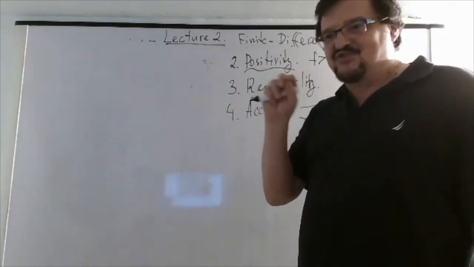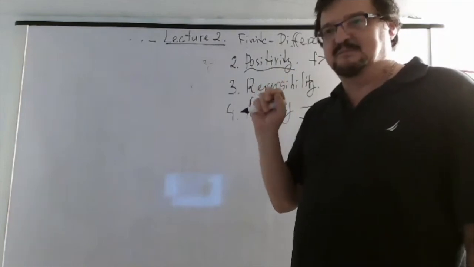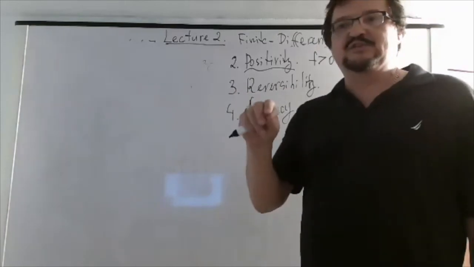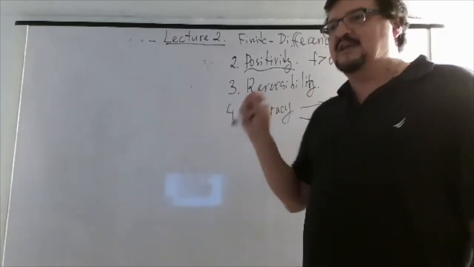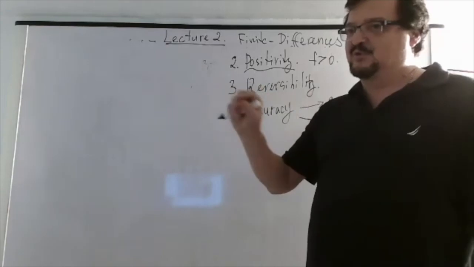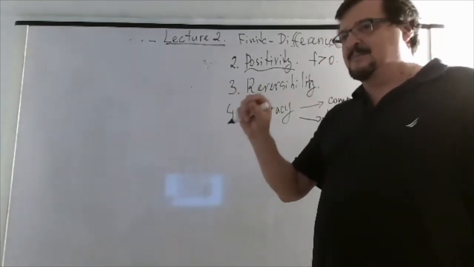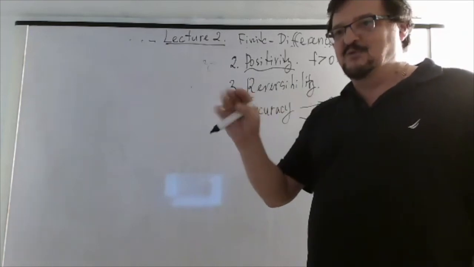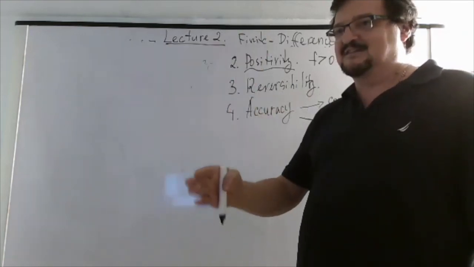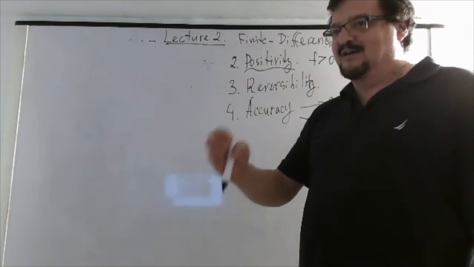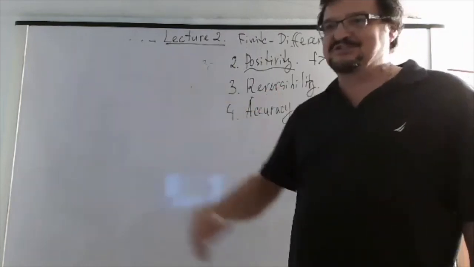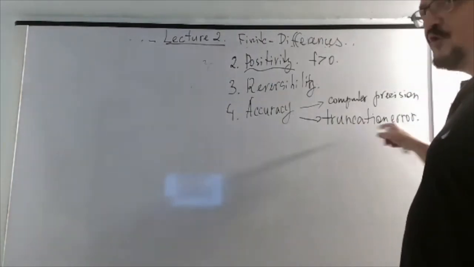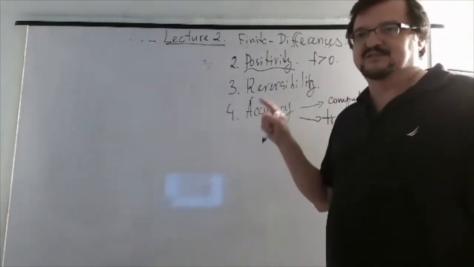You're trying to make delta x as small as possible, but it's not going to zero, and that causes the so-called truncation error. And why truncation? Because it comes from the Taylor series expansion. When you truncate it at a certain term, you produce this truncation error. That's why it's called truncation. So this is the error of representing calculus with algebra.